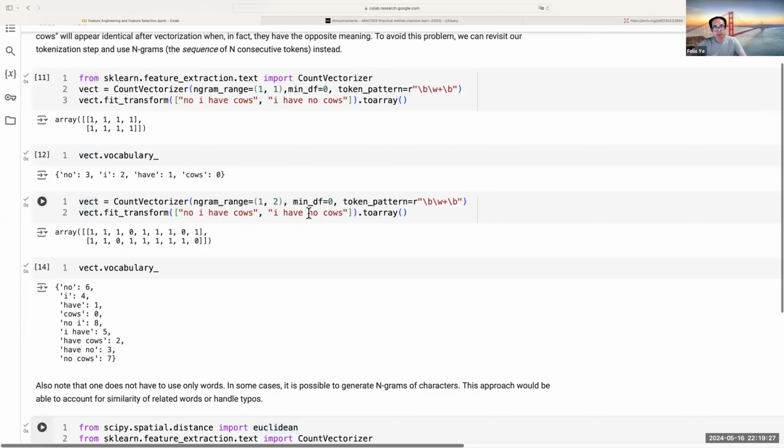However, no or I or a, all these words are commonly used in all documents. So these words may not carry as much important information as cows. If we want to emphasize and give weight to each word, I would prefer to give higher weight to cows, because it could have important meaning right here.